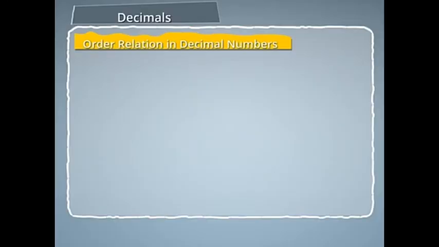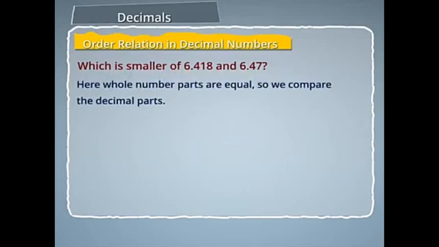Next example. Let us compare and find out which is smaller of 6.418 and 6.47. Here, whole number parts are equal. So we compare the decimal parts. They are 0.418, which is equal to 4 tenths plus 1 hundredth plus 8 thousandths.